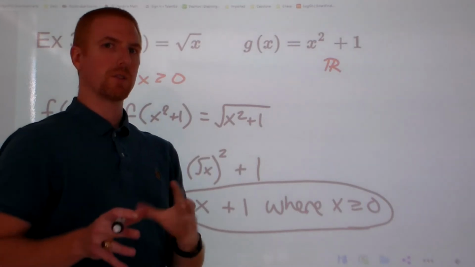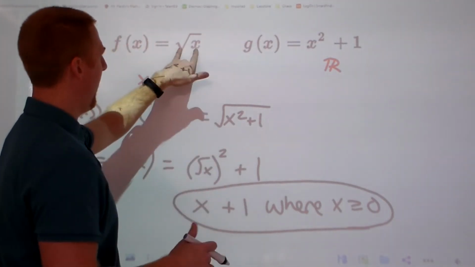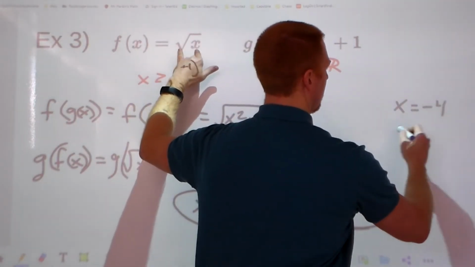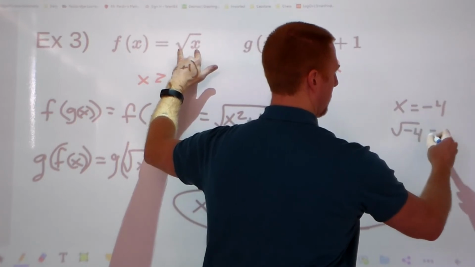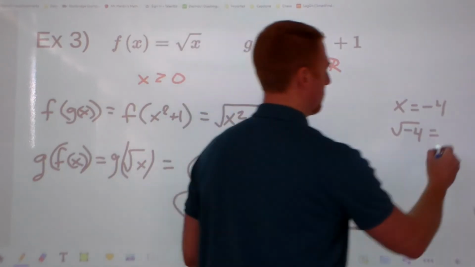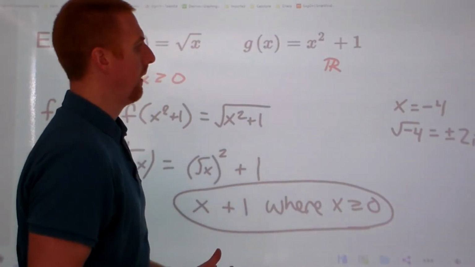I want to talk about this because some of you may be thinking, wait a second, what if x is, say, negative 4? Then the square root of negative 4, now we haven't covered this yet, but you've covered it at some point in your life, so you probably know this. It's plus or minus 2i.